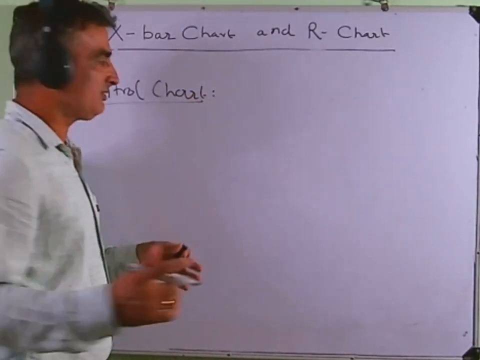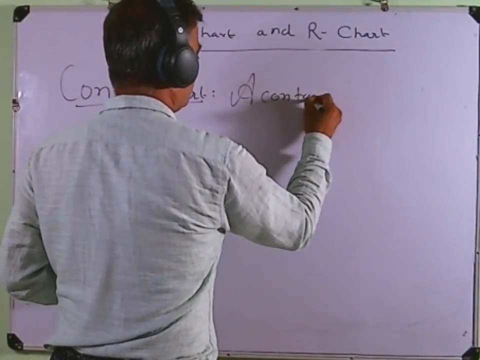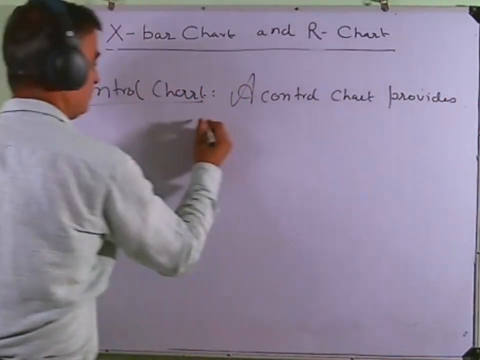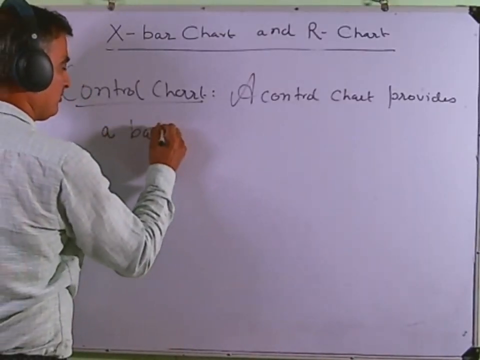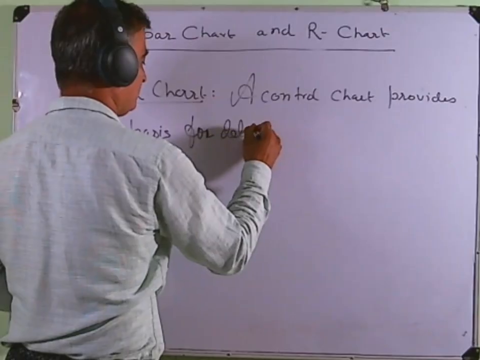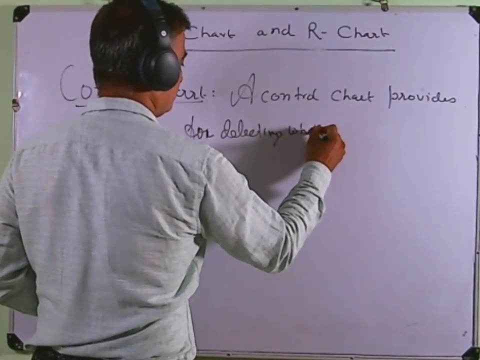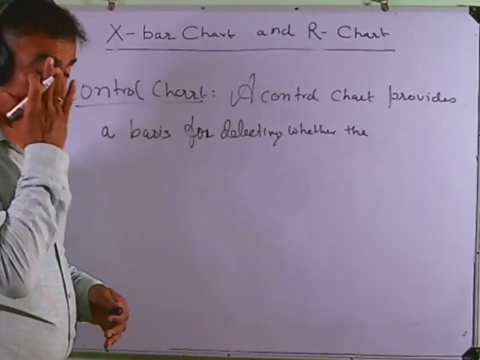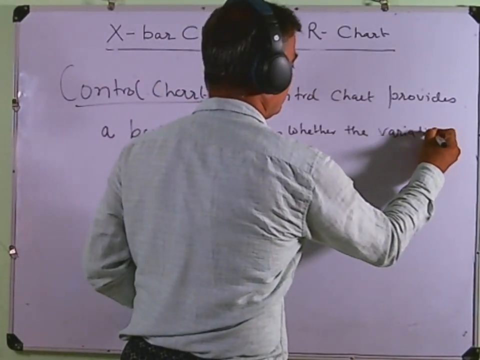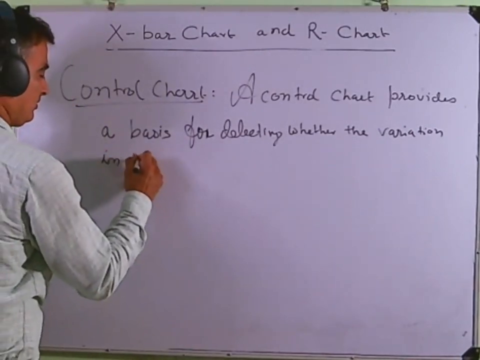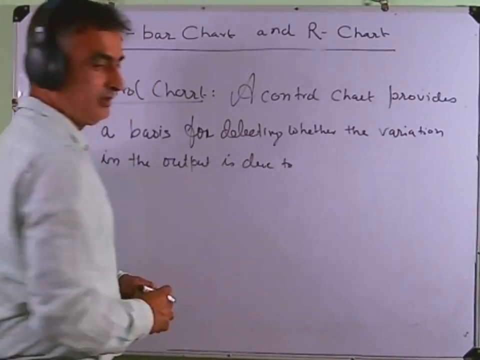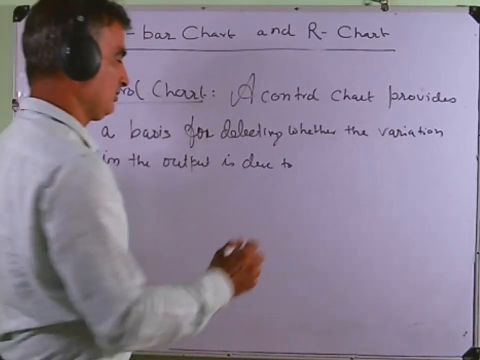A control chart provides the basis for detecting whether the variation in the output is due to the common causes or the assignable causes.